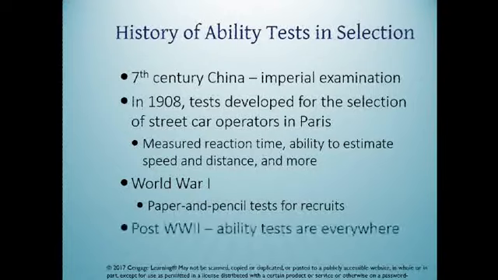And this sort of testing began to really proliferate in industry after World War II, and even a bit before World War II. There was a bit of backlash for a while because of worries over adverse impact, which we'll get to in a bit. But that was, historically speaking, a small bump in the road, and now ability tests are in just about every selection process.